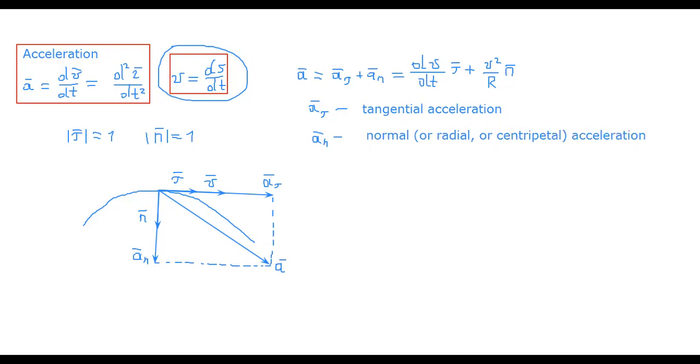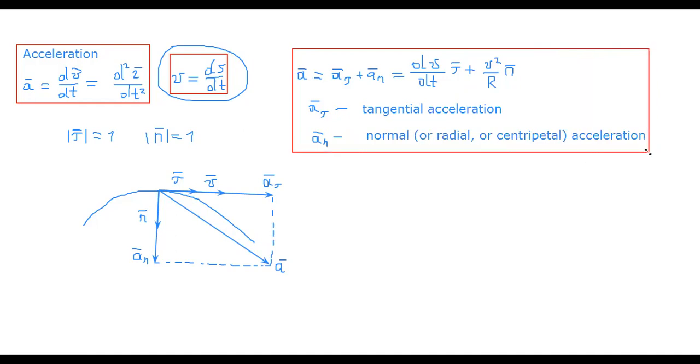So we can draw a red frame, because it is also an important formula. And if we have got tangential acceleration and normal acceleration, we can calculate full acceleration. In vector form, it can be written like this.